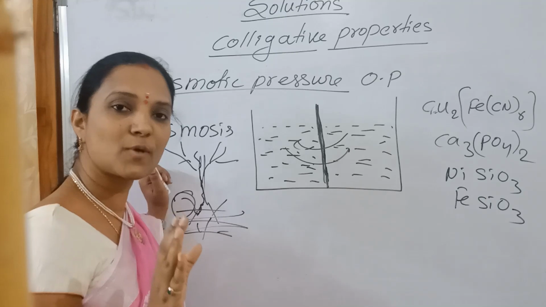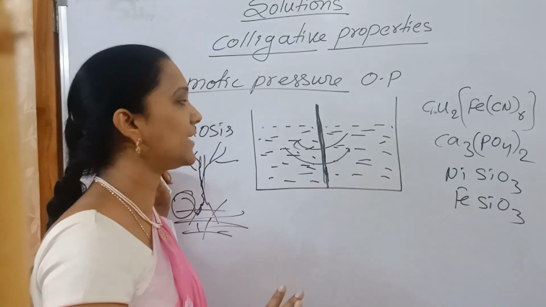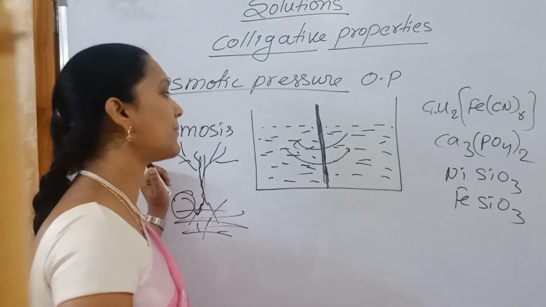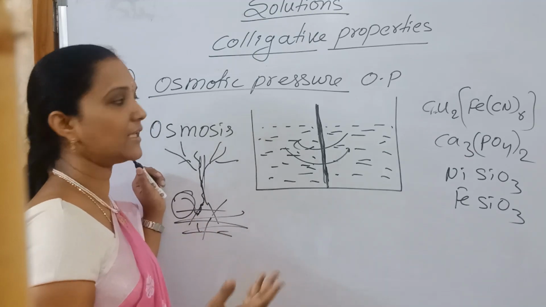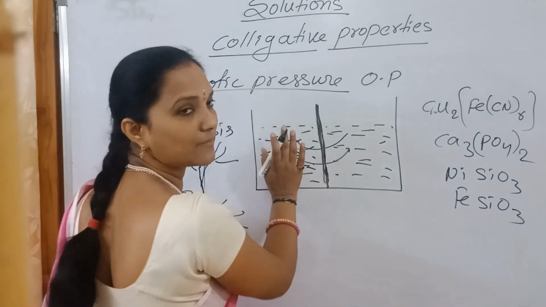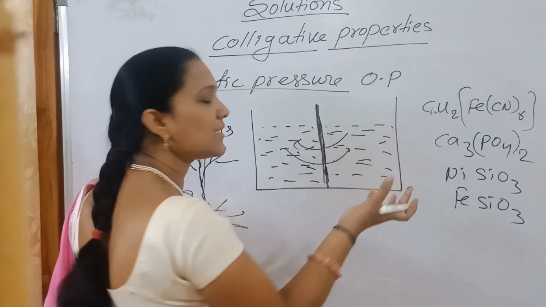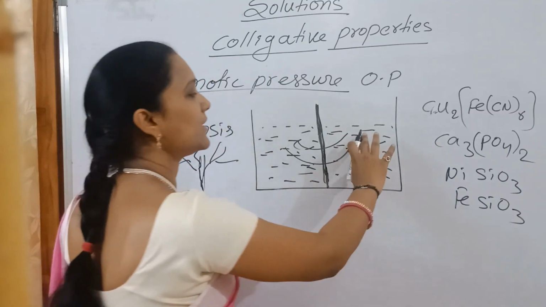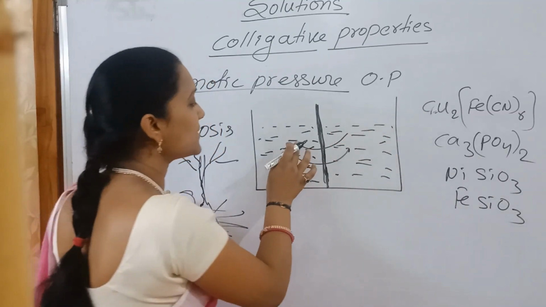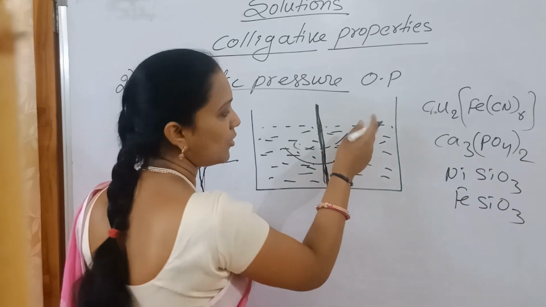In osmosis, only the flow of solvent takes place, and that too from dilute to concentrated. Here there is only water, which is very dilute, and here some solute is added, which is concentrated. The flow takes place from here to here, not there to here.